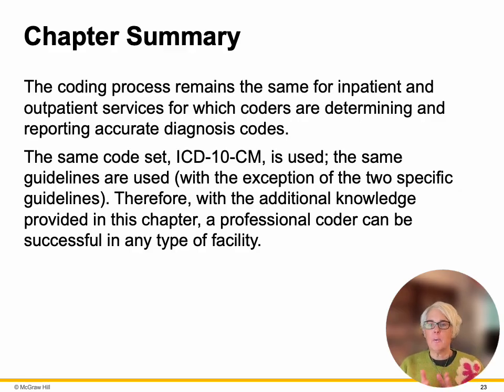UHDDS definitions of principal and secondary diagnosis, inpatient rules for uncertain diagnosis, POA indicators, DRGs, HACs. All of those criteria help us with the decision-making process with inpatient coding guidelines.